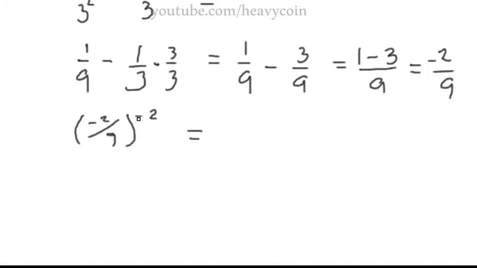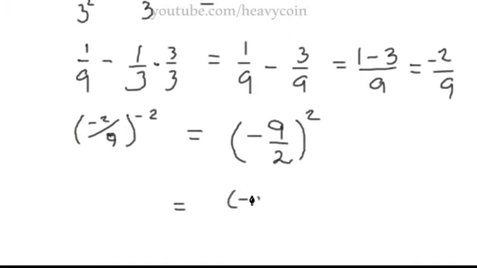Well, we can take this negative 2 here now and bring it up to each one of these. Or the shortcut way of doing this is just to flip this thing. And so you could say negative 9 over 2. Okay, that's just a whole lot faster. Raised to the 2 power.